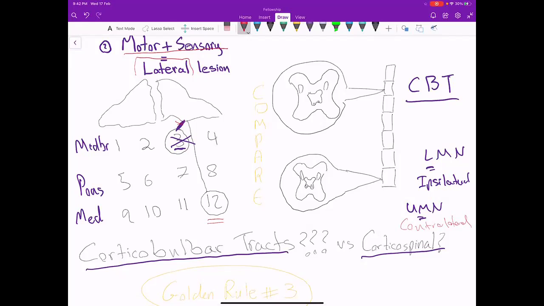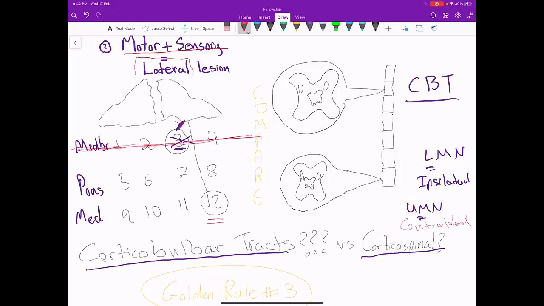Meaning, is the lesion at the medulla? No, it's probably above. So I need to look for other cranial nerve symptoms. For example, the oculomotor. So to summarize and make it a little simpler for you, let's say we have a lesion in the midbrain. This is our lesion.